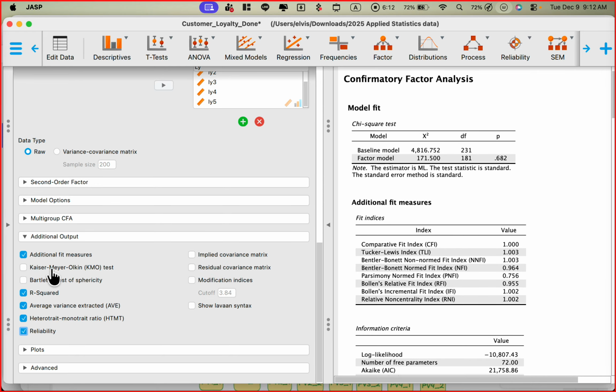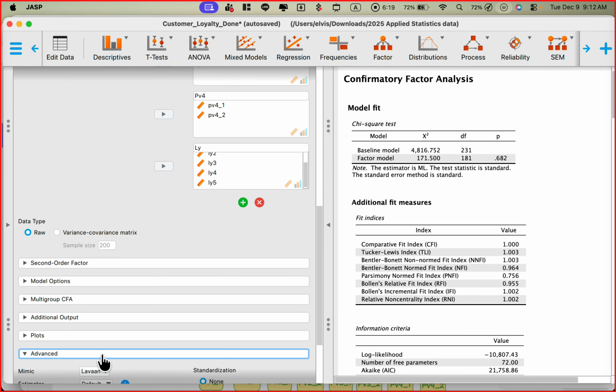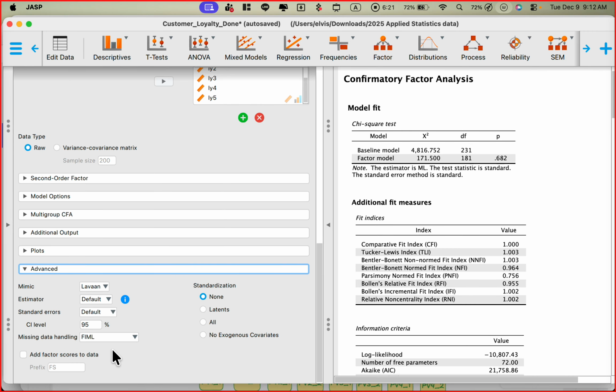good. Now scroll down to the last one called advanced setting. Only one thing we need to check is standardization. On the right hand side, you can find standardization for all parameters. So we need to click all.